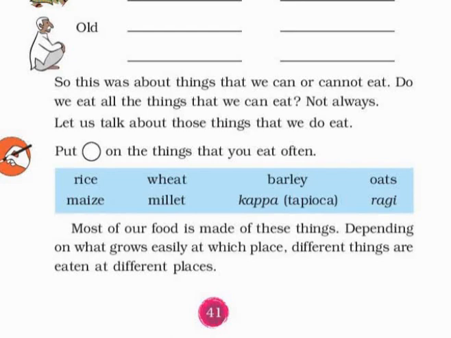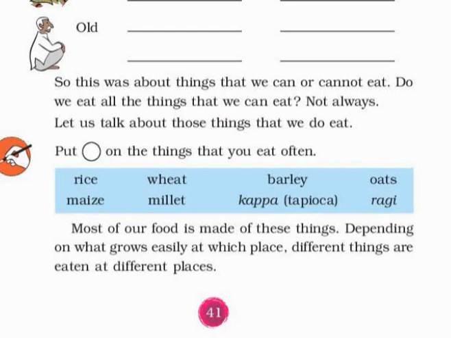But those things that we can eat, even then we don't eat all of them, isn't it? Do you eat tinda sabji? No. Do you eat pumpkin sabji? No. Most of the students do not eat these kinds of vegetables because they don't feel like it.